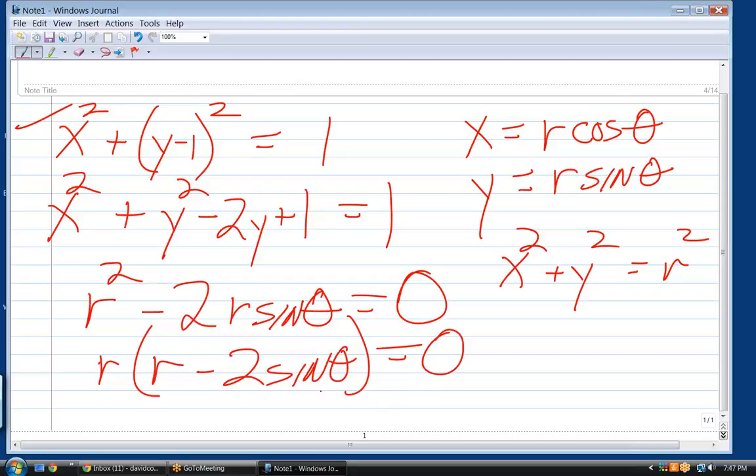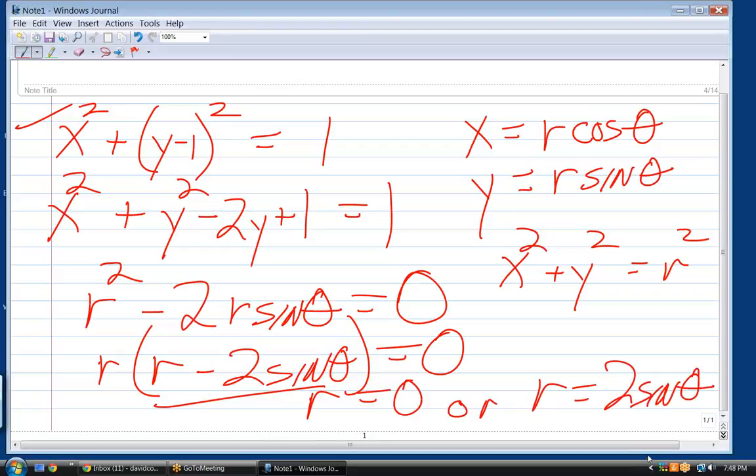That tells me that either r equals 0 or this part equals 0, which means r equals 2 sine theta. So there's actually two polar equations that work: r equals 0, r equals 2 sine theta. But this is the one I'm sure they're looking for, probably the only one.